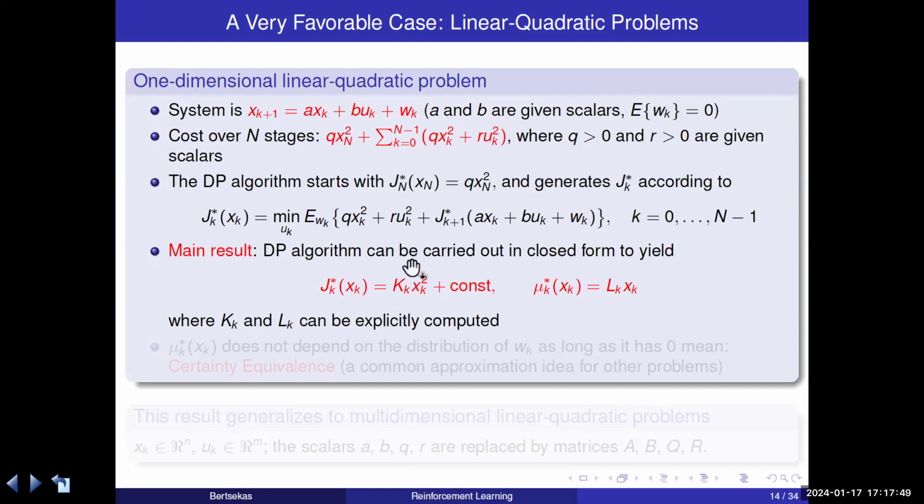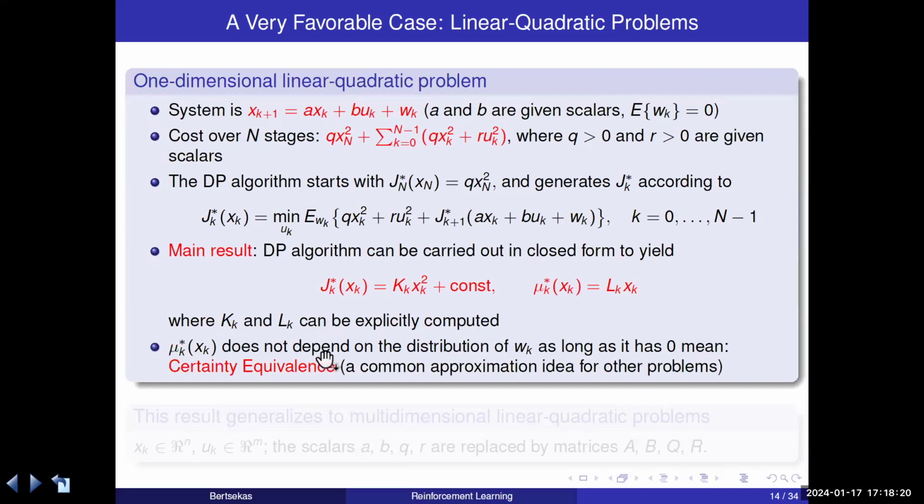So essentially, the optimal cost to go is quadratic. And moreover, the optimal policy is linear in the state. It's proportional to the state, with L_k being some control coefficient that can, again, be computed in closed form. A very favorable result, and the calculation is not difficult.